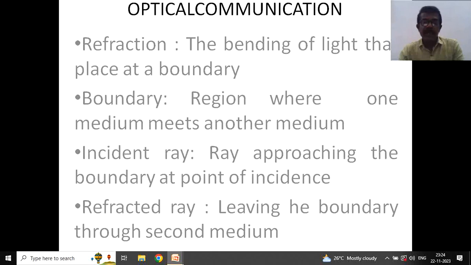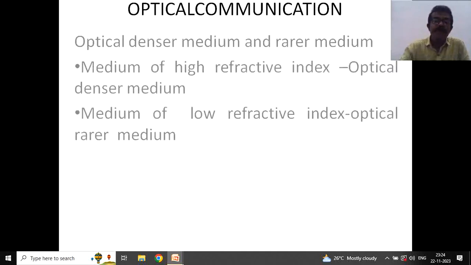And we have two types of rays. Incident ray: we can say the input ray approaching the boundary at the angle of incidence. And refracted ray is the ray refracted from the boundary into the second medium. So we have two types of medium.